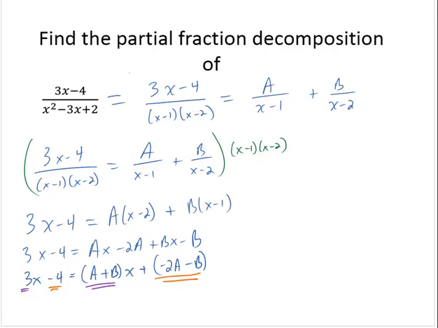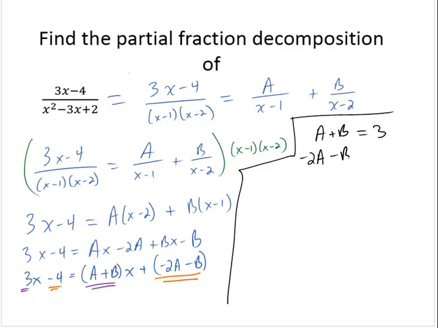So we group together the coefficients on x, we group together the constant coefficients, and this gives us a system of equations. So I have the system of equations that a + b must be equal to 3, and −2a − b must be equal to −4. And this is a fairly simple system to solve.